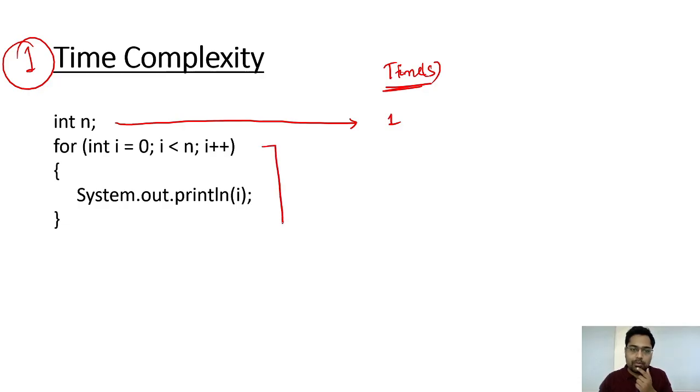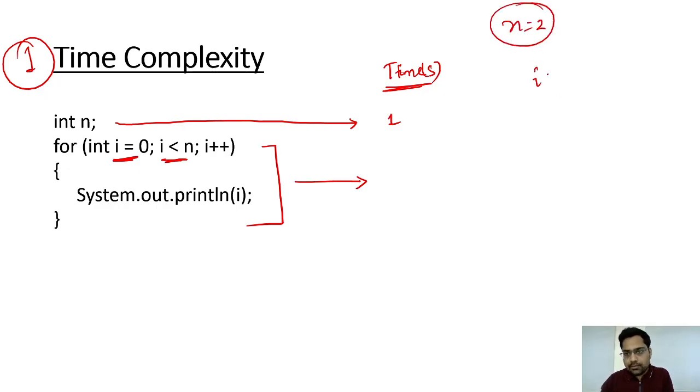Now for the for loop, the problem is how much time it will run. Everything is based on the condition. Here, you check from the zeroth time. Let us suppose n is 2. In that case it will check whether the I value 0 is less than 2 or not.